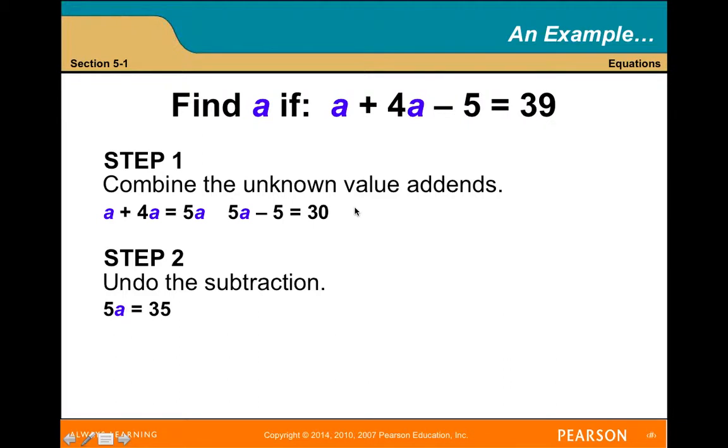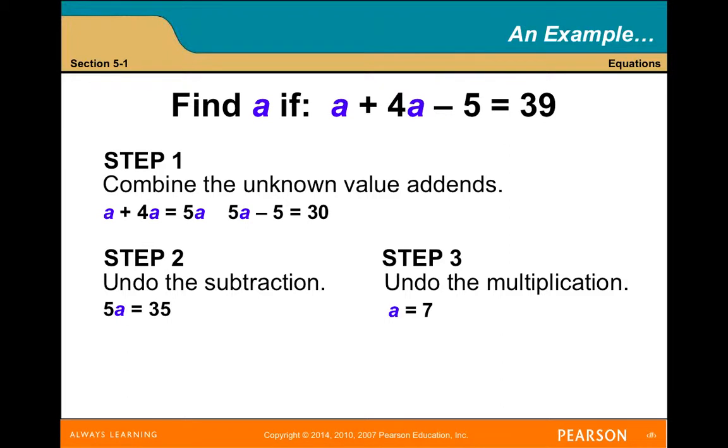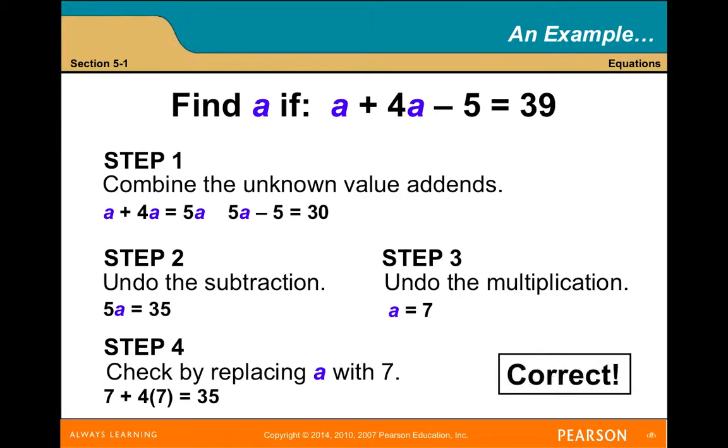Step 2 is to undo the subtraction. 5a equals 35, and we already know that 5 times 7 equals 35. Third step is to undo the multiplication, so a equals 7, and then you can check by replacing a with 7. So then we have 7 plus 4 times 7, and 4 times 7 is 28, plus 7 is 35.